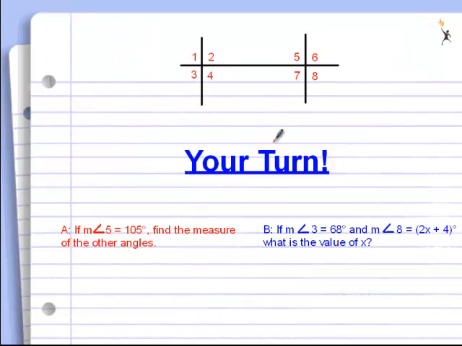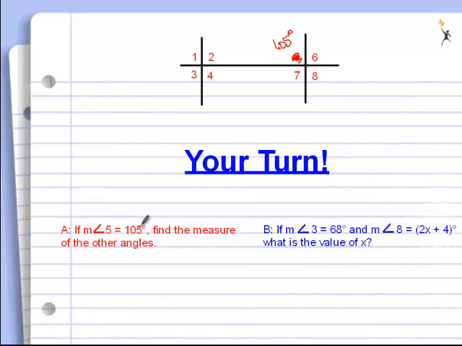Before we go any farther, we've got a couple problems here. We have A and B. I want you to solve one of them. You're going to pause the video and solve letter A or B. Now, before you hit pause, I want you to look at them together. If the measure of angle 5 is 105 degrees, find the measure of all the other angles.